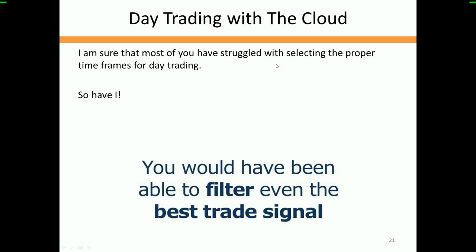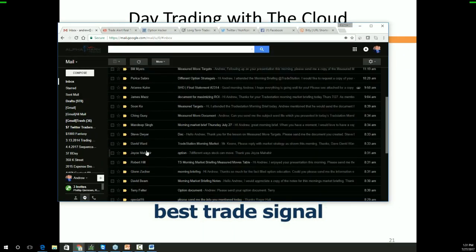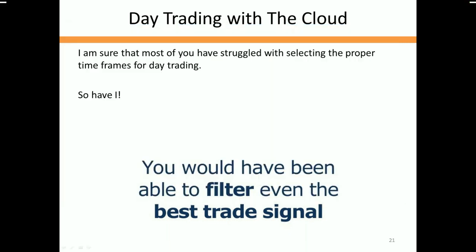I'm here to tell you what time frames work best. I did a TradeStation thing this morning, and I basically did the same thing, and they all wanted the chart. So they wanted this Word document, so I emailed it to everybody. If you guys want this Word document of the best time frames to trade, just email me, and I'll send it to you.